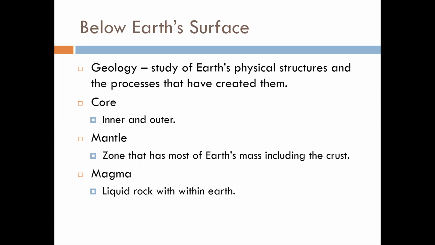This mantle is the zone that has most of Earth's mass, including the crust. So again, you go from your core, your inner and outer core, you're moving up to your mantle, which includes most of Earth's crust.